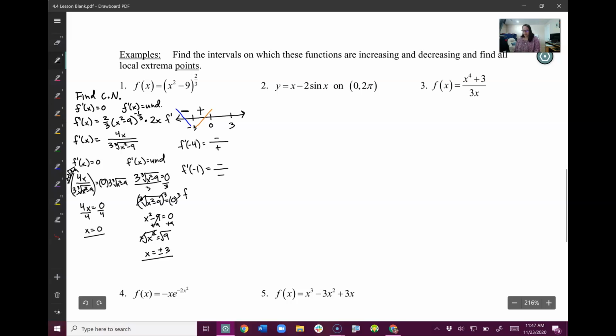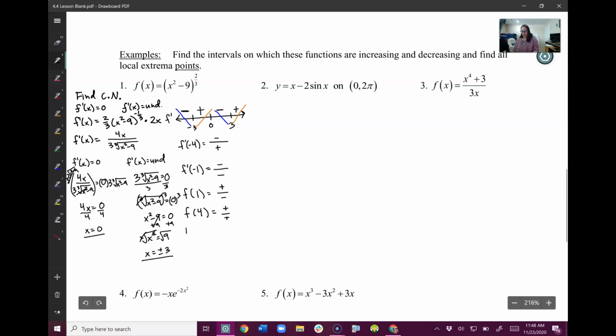Okay, we have 2 more numbers to test. I'm going to do these ones a little more quickly. So f of 1, if you plug that in, you should get a positive over a negative. So that one's going to go back to decreasing. And f of 4, you should get a positive over a positive, which is going to be a positive, which is going to go back to increasing.